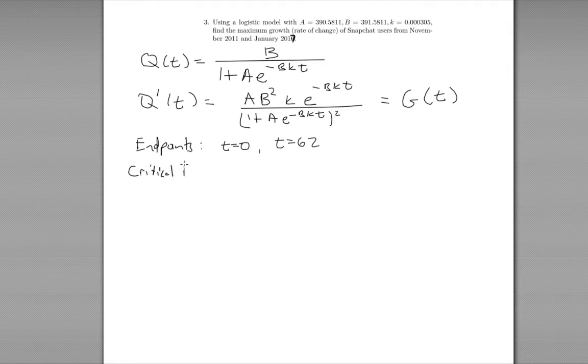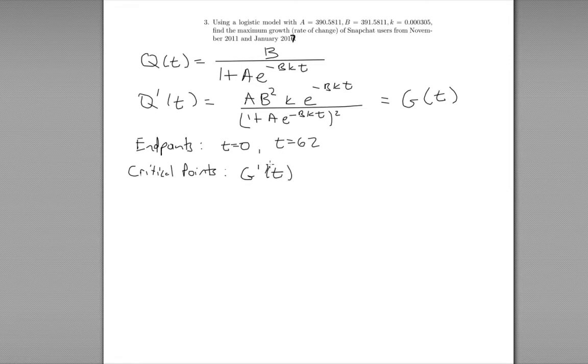Critical points happen wherever the derivative of the function you're wondering about is 0 or doesn't exist. We don't have any problems with things not existing, but first we need to take the derivative. So let's calculate what g prime of t is.